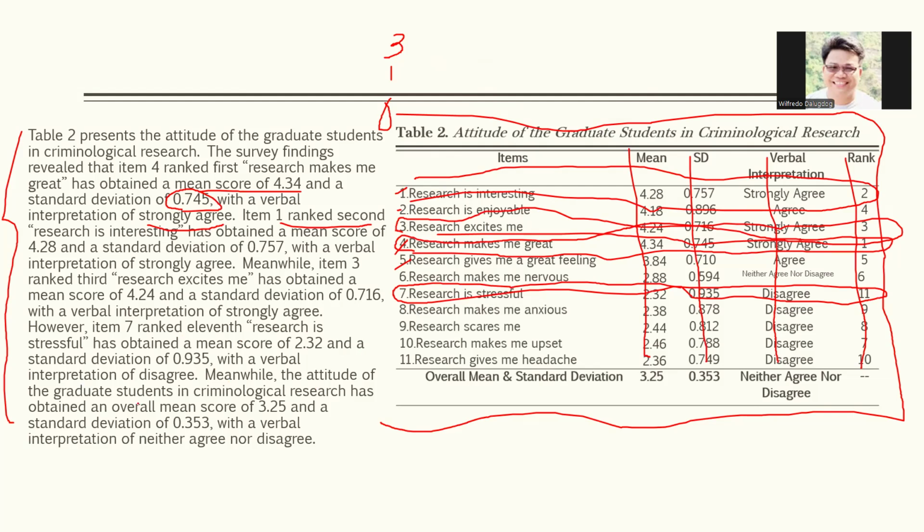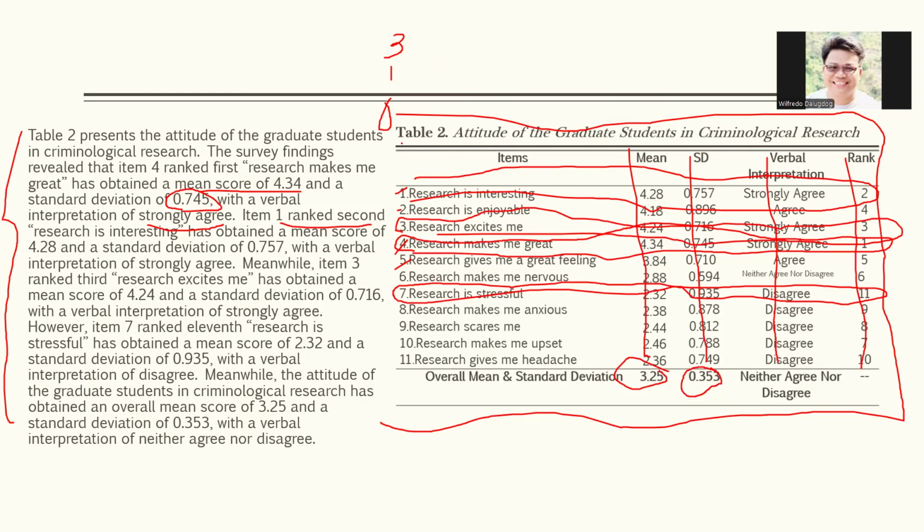Meanwhile, the attitude of the graduate students in criminological research has obtained an overall mean score of 3.25 and a standard deviation of 0.353 with a verbal interpretation of neither agree nor disagree.